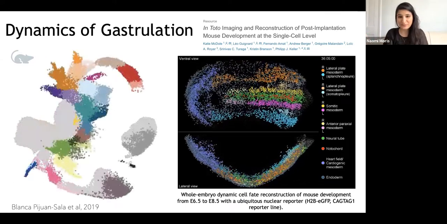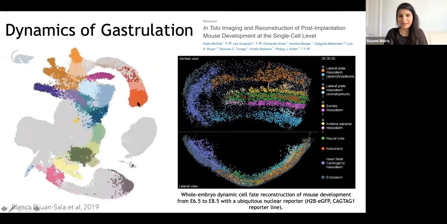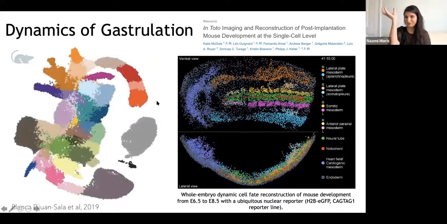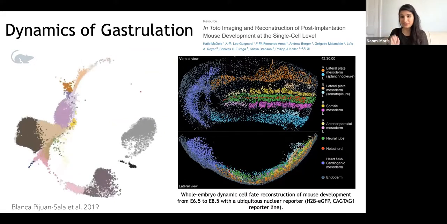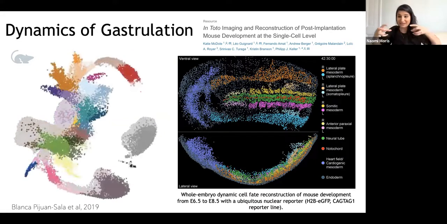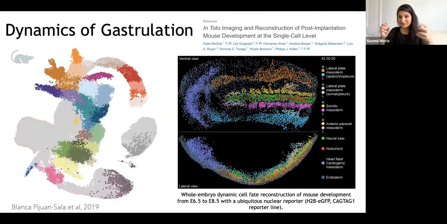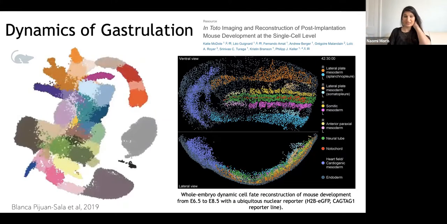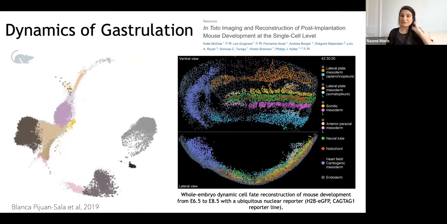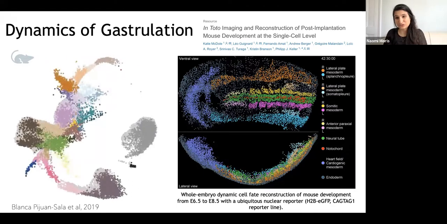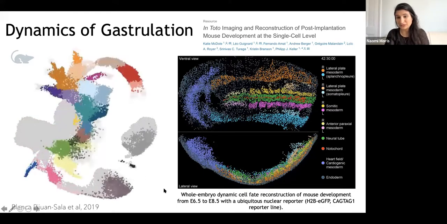So this, at the top of this panel, is the ventral view, so looking from the bottom at the top of the embryo, and then the bottom panel is the side view of the embryo. And you could see that it was getting longer, but also these cells are rearranging relative to one another. And so gastrulation really has to be understood as a dynamic process, not a static snapshot of a structure.